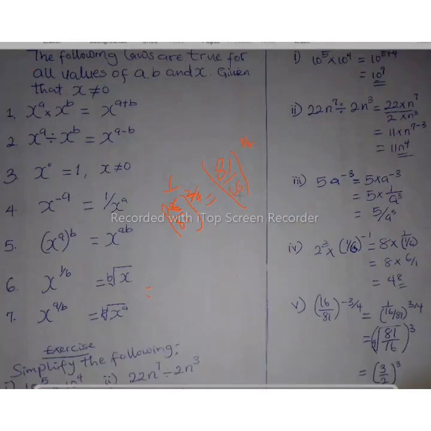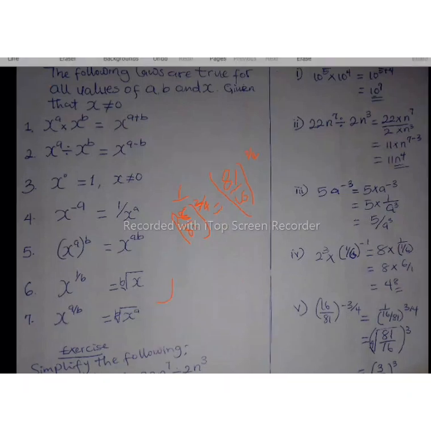Now this expression, by the application of the seventh law, can be written as the fourth root of 81 all over 16, everything put into brackets, raised to power 3, the numerator at the power level.